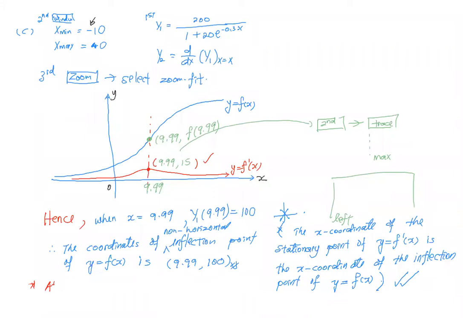At x equal to 9.99, y equal to f(x) is increasing with the maximum rate. No problem. You can use this word.